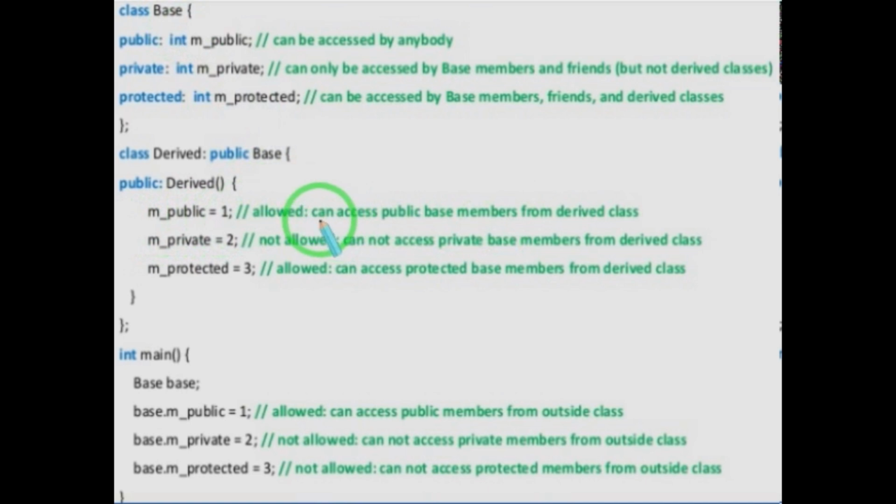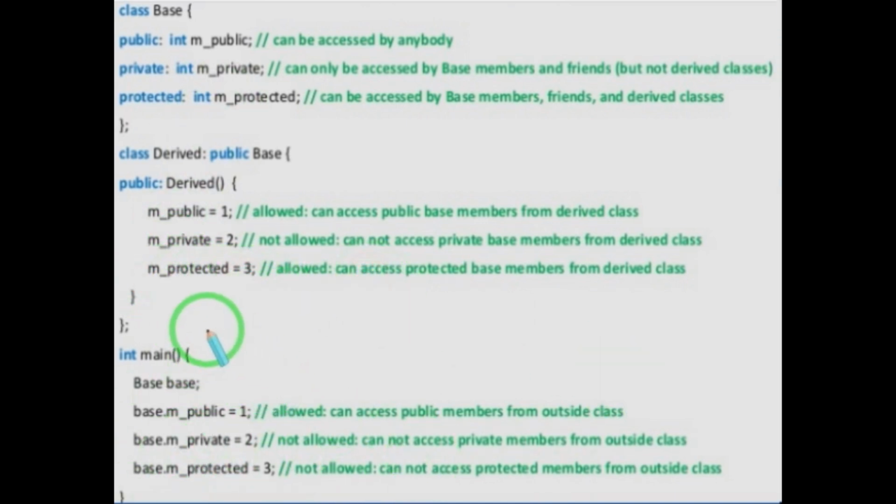Yes, it is allowed, a public data member can be accessed in a derived class. But this m_private, we cannot use a private data member of a base class in a derived class, not allowed here, right? Now what about protected? Yes, you can use a protected data member in a derived class, so this is allowed.